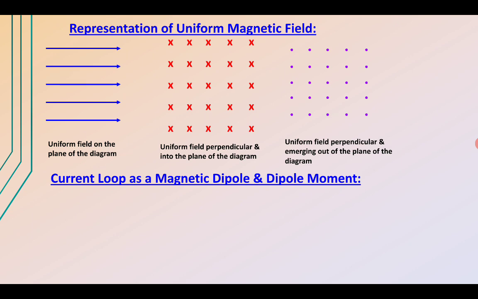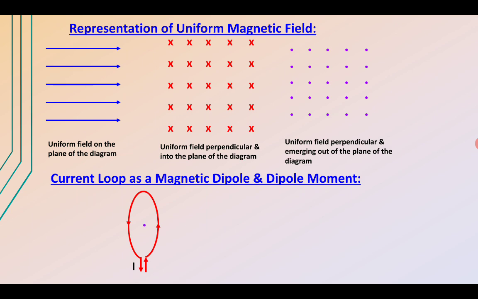We know that a current carrying loop behaves as a magnet. One face behaves as the north pole, and the opposite face behaves as the south pole. For that, let us consider a current carrying circular loop with current I flowing through it.